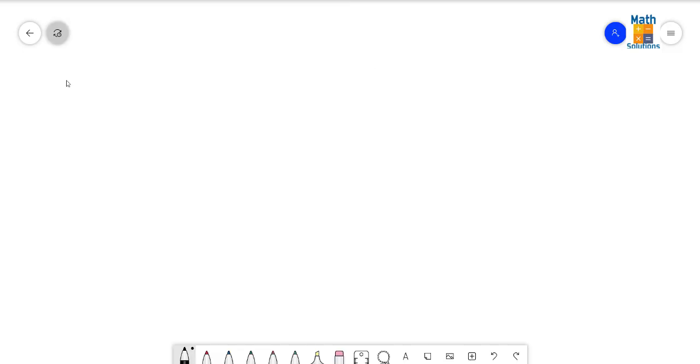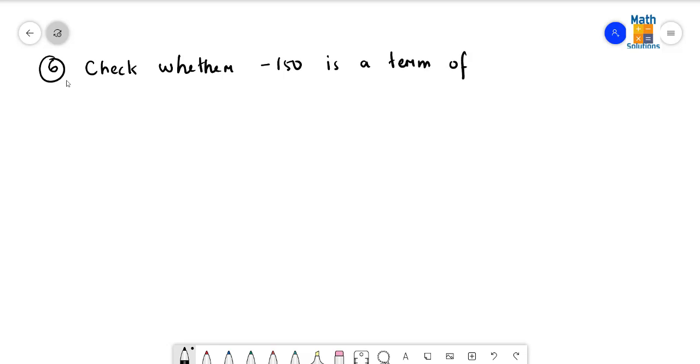Next, coming to question number 6. This is question number 6. What is written here? Check whether minus 150 is a term of the given AP: 11, 8, 5, 2, and that goes on.